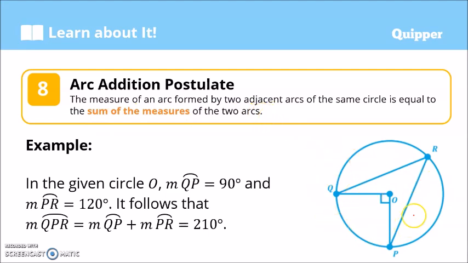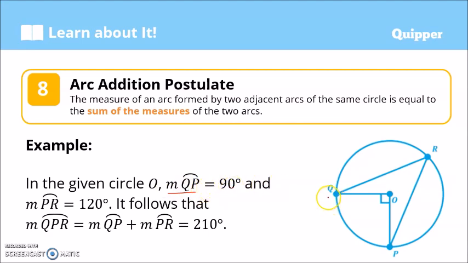So, let's have an example. In circle O, we have arcs QP or PQ, and then we have arc PR or RP, and then we have arc QR or RQ. Okay, so in this circle, we have the measure of arc QP. Yung M na nandito, yung small letter M, that means measure. Okay, measure of arc QP is equal to 90 degrees.